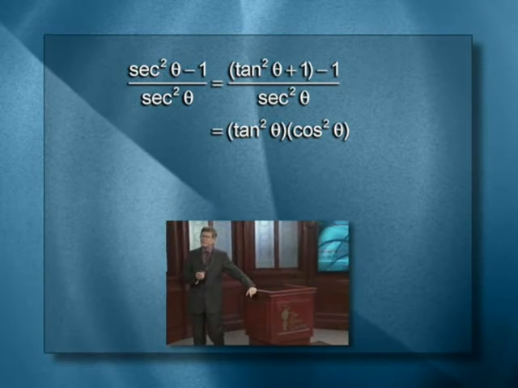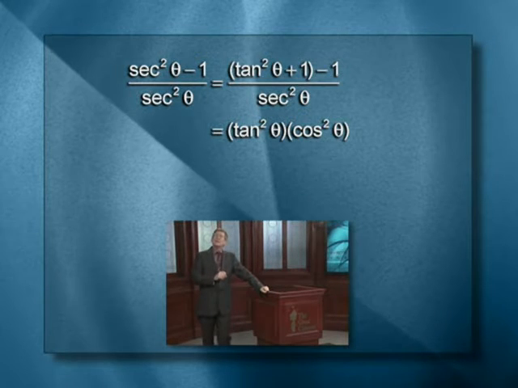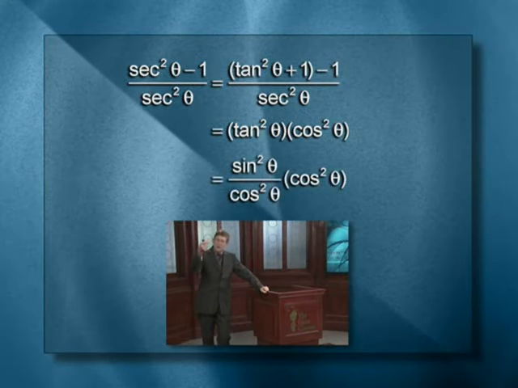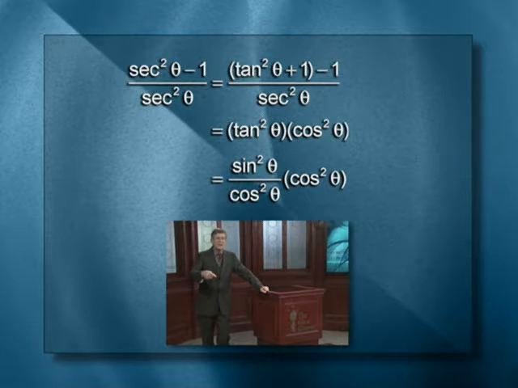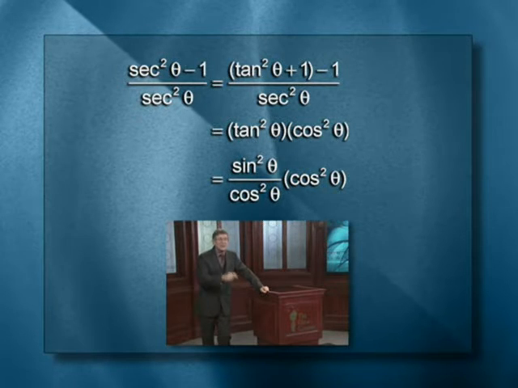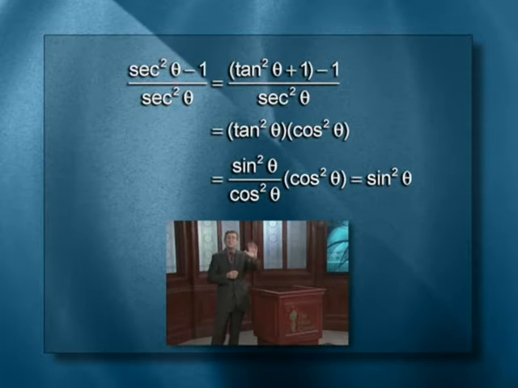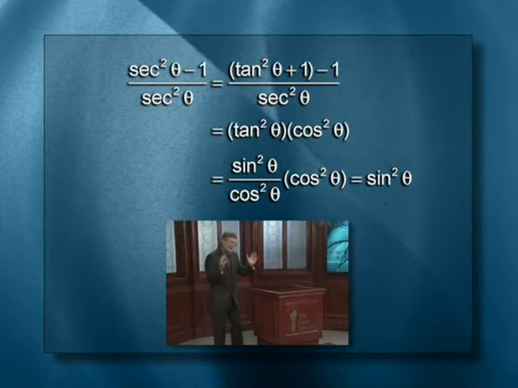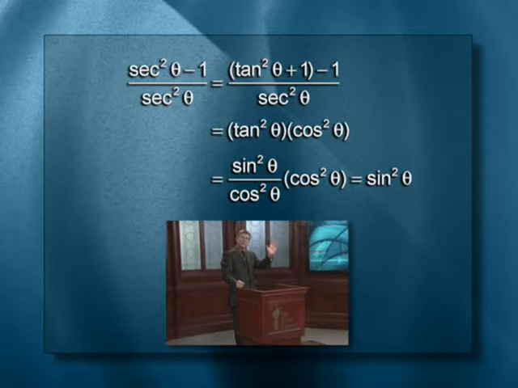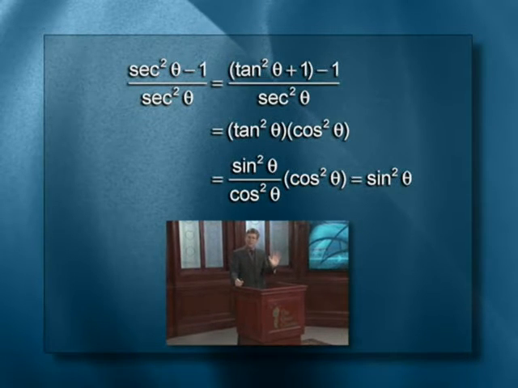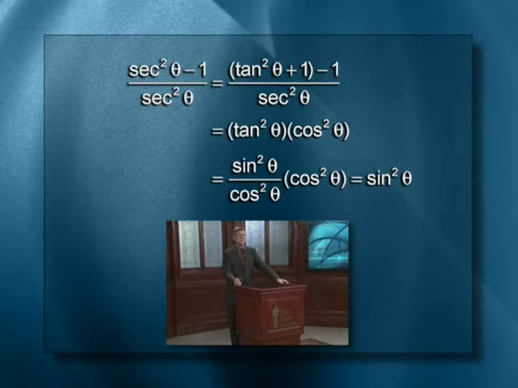We're getting there. Well, let's change tangent squared to its definition, sine squared over cosine squared. The cosine squareds cancel, and we end up with sine squared. Whew. A lot of trig identities there, a lot of work, but we started with the left-hand side, did some math, and got the right-hand side.